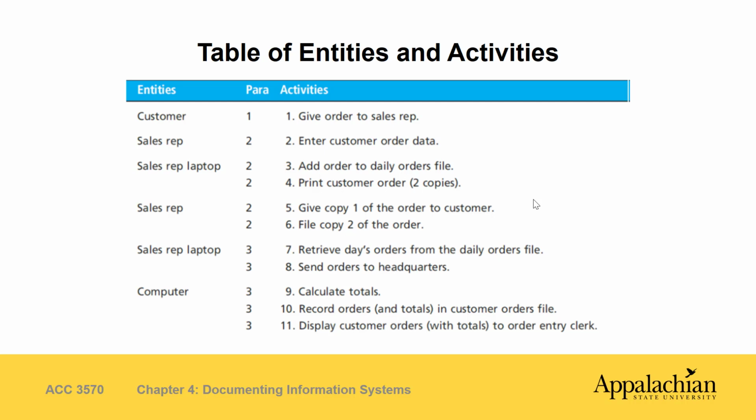I'm not going to read through all of this, but you can take your marked up narrative, compare it to your tables of entities and activities, and kind of problem solve if you didn't get all the entities and activities documented correctly when you worked on it.